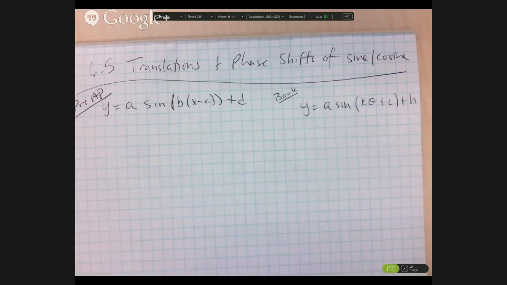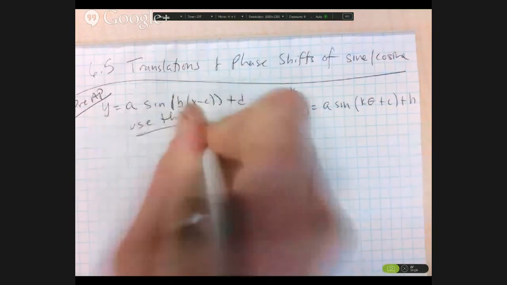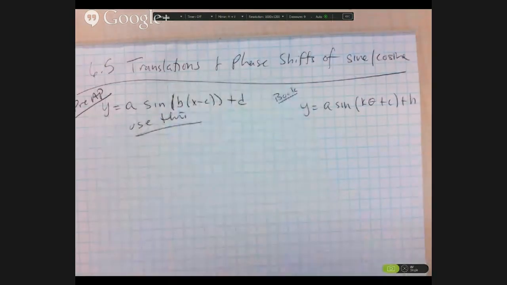So it changes things a little bit, but we're not going to worry about it. The one on the right is a little more simple, but it's harder to graph. The one on the left is a little bit easier to graph. So we're going to use this. Granted, it's an introduction for you.